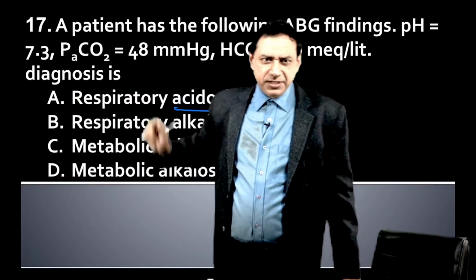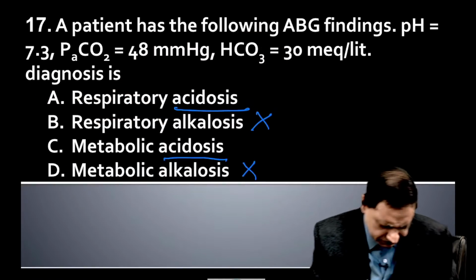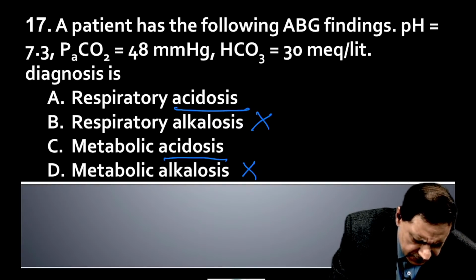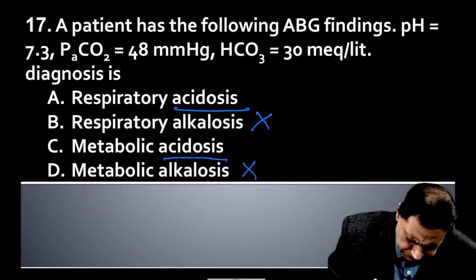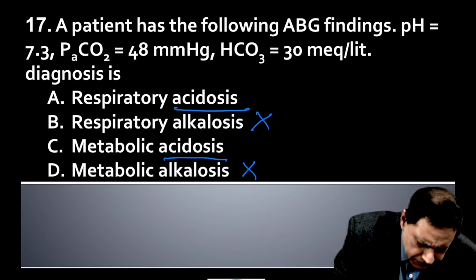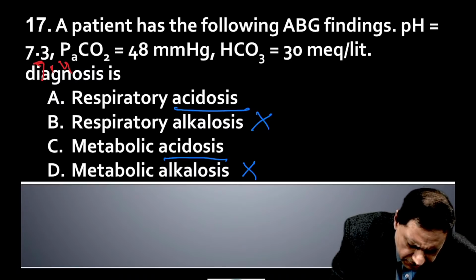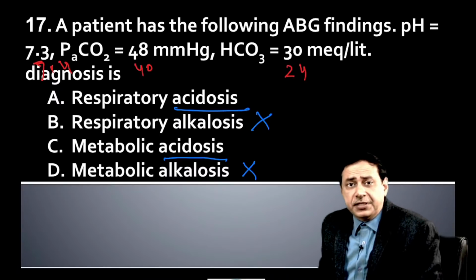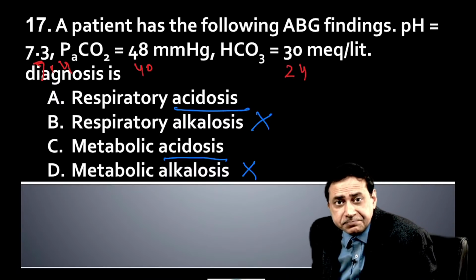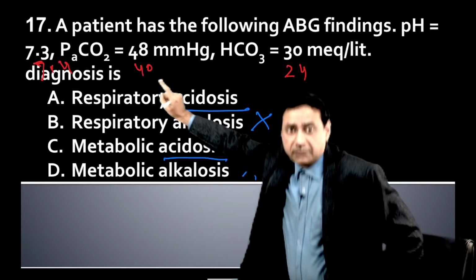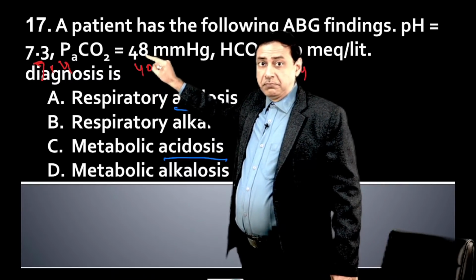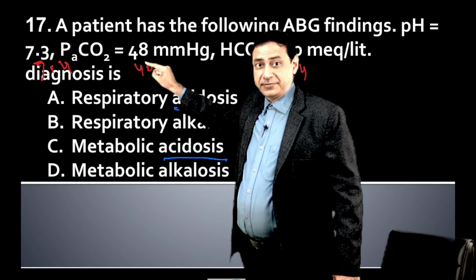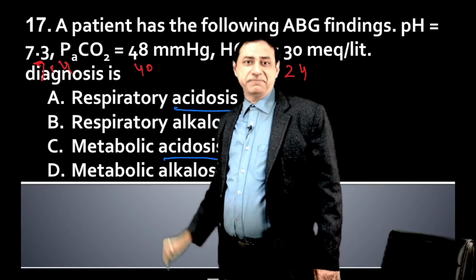Normal pH is 7.4, normal carbon dioxide is 40 and normal bicarbonate is 24. These are the normal values. 40, 48, it is more carbon dioxide, so this is the culprit.